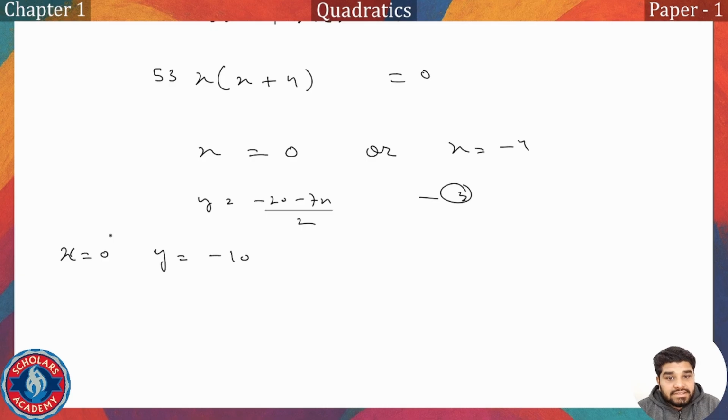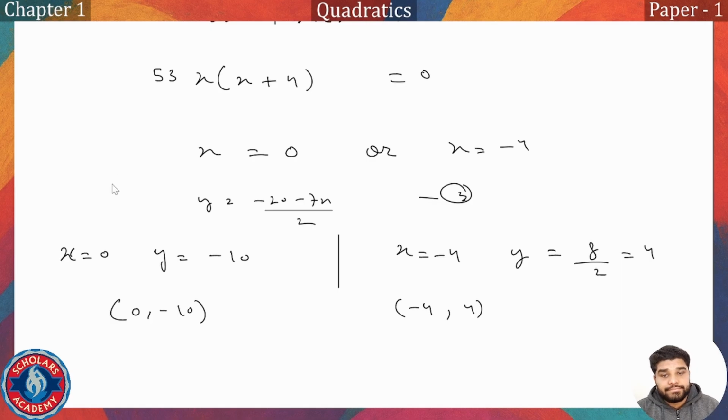And if I substitute x as -4, my y becomes -20 plus 28, so it becomes 8 by 2, that is 4. So my coordinates are (0, -10) and (-4, 4).